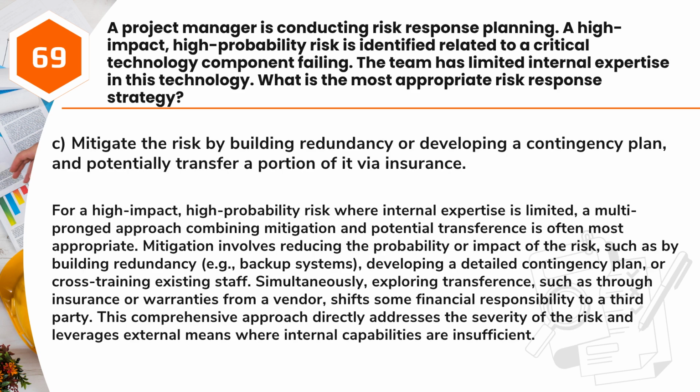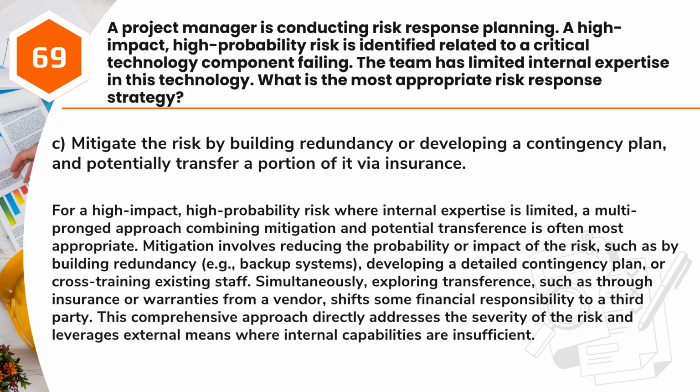Answer: C. Mitigate the risk by building redundancy or developing a contingency plan, and potentially transfer a portion of it via insurance. For a high-impact, high-probability risk where internal expertise is limited, a multi-pronged approach combining mitigation and potential transference is often most appropriate.